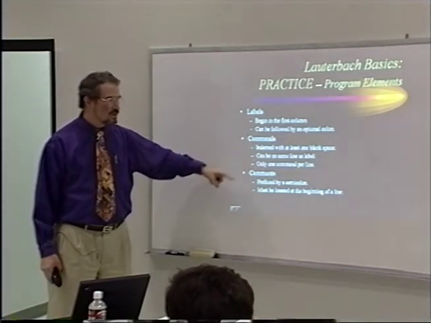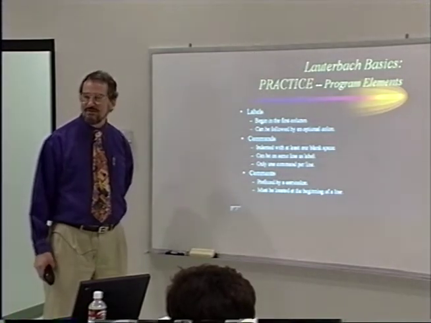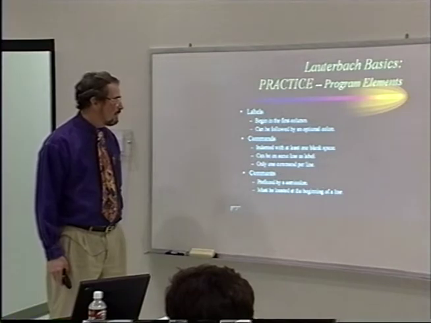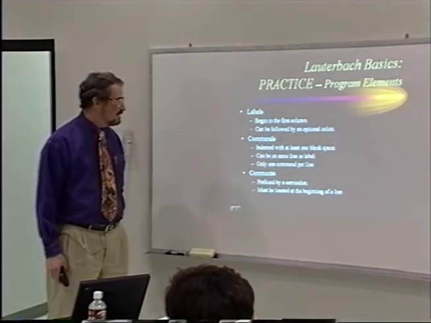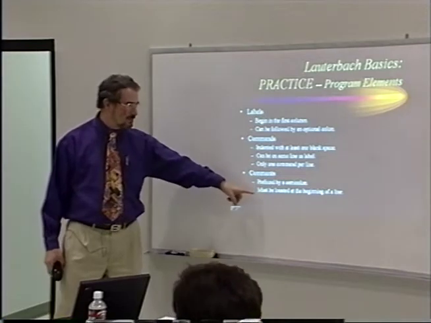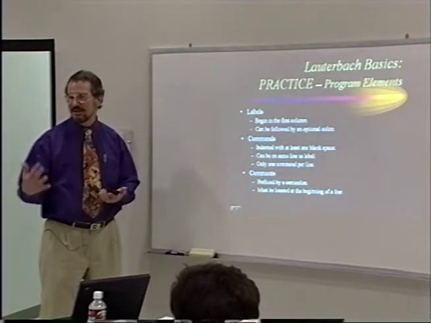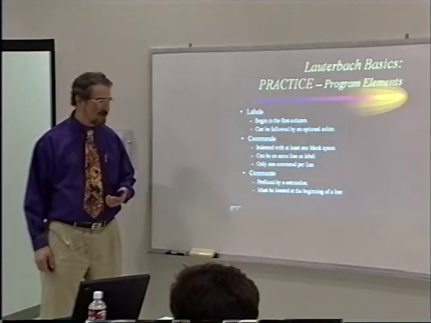And there's only one command per line, so we can't put multiple commands on a line. It's not quite freeform like C. Comments are prefaced by a semicolon, and the semicolon must be located at the beginning of a line. So you cannot have comments on the same line as any commands, obviously.